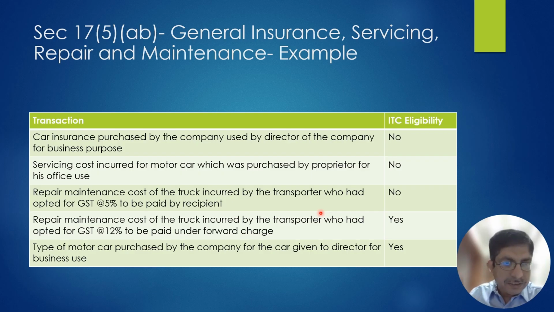The GST credit is not available on purchase of that truck. Therefore, the credit of general insurance, servicing, repair, maintenance is also not available, because the rate entry of 5% RCM doesn't allow the GST credit on purchase of that truck, general insurance, service, repair, maintenance, etc.